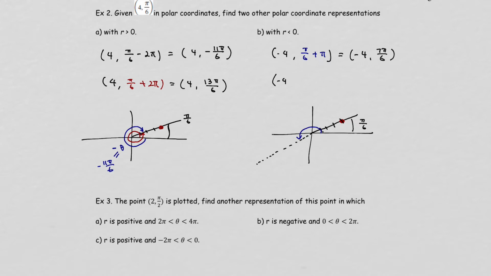Negative angle will be in this direction, right? So in order to get that negative angle, you do pi over 6 minus pi, which will be (negative 4, negative 5 pi over 6). So all these 4 points are talking about exactly the same point, but different ways of writing it, right?